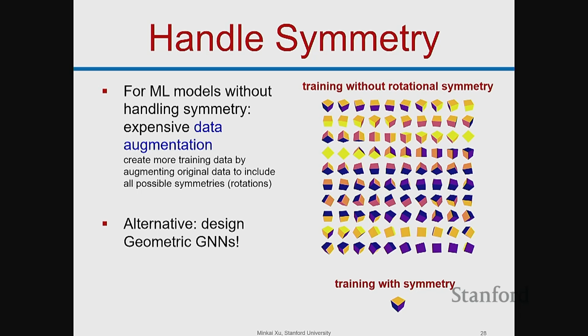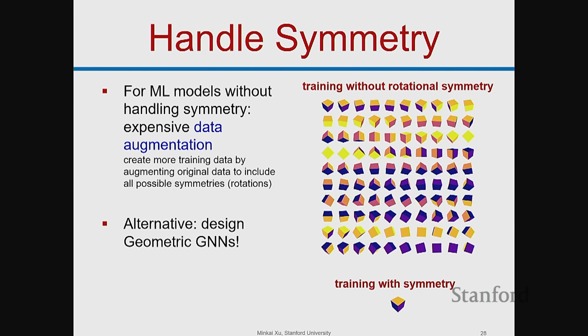They randomly rotate and translate the image and force the model to learn the same prediction. Here we can do the same thing. With a single data, we can enumerate all the positions and force the model to make the same prediction. But this is very expensive, very time-consuming, and also not very natural and elegant.